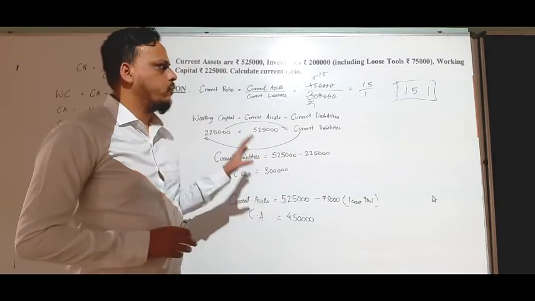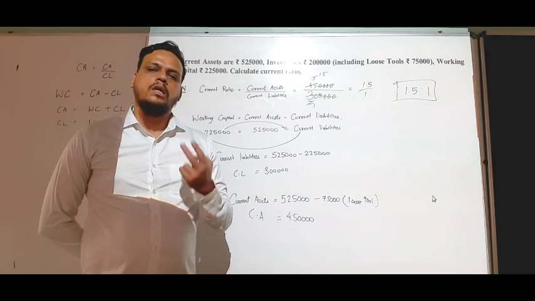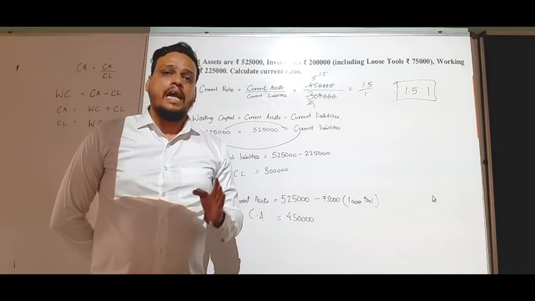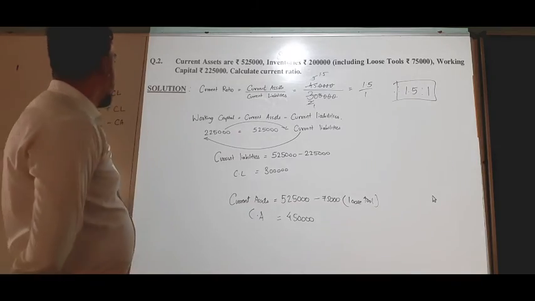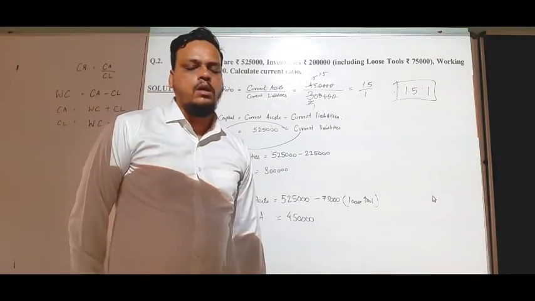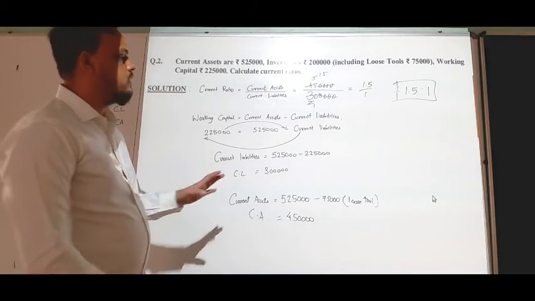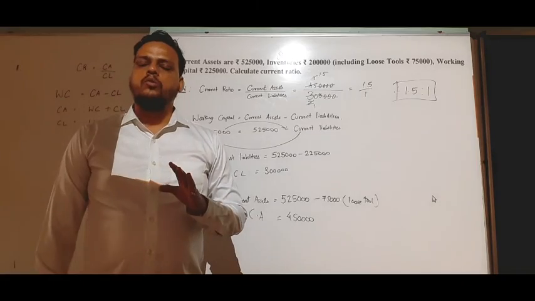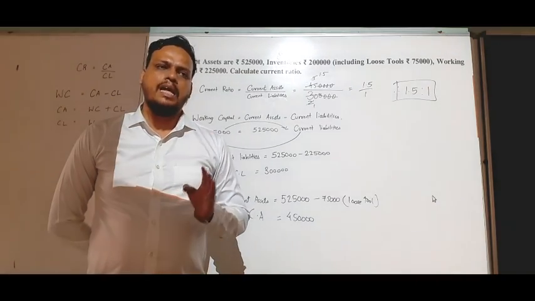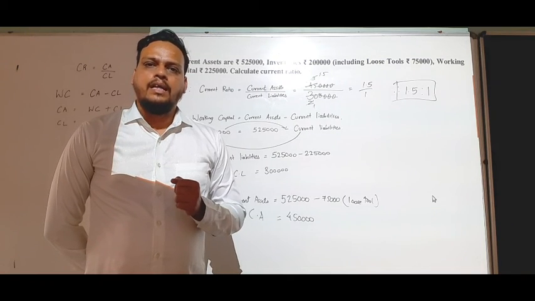So this much can be understood by you. I have solved two questions in which you can take care of the entries. You should know the current ratio formula, the working capital formula, and you have to know how to calculate the things I have taught you in these two questions. These two questions are the base and can be the easiest ones for you. So that's it for today.